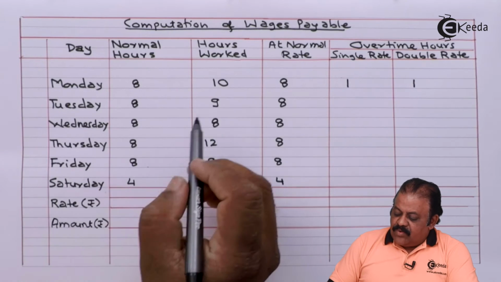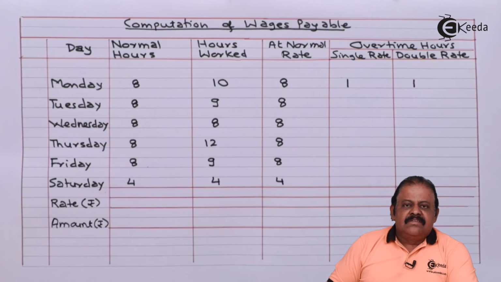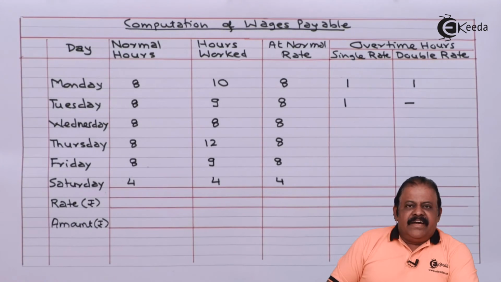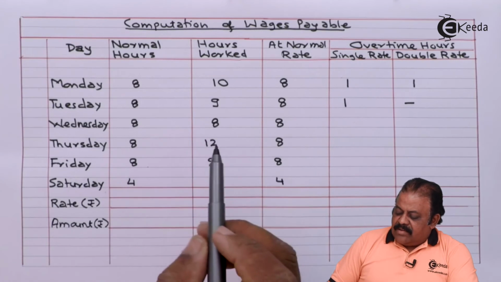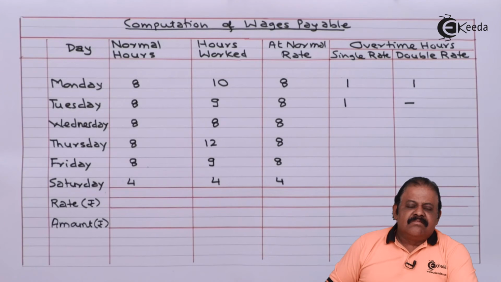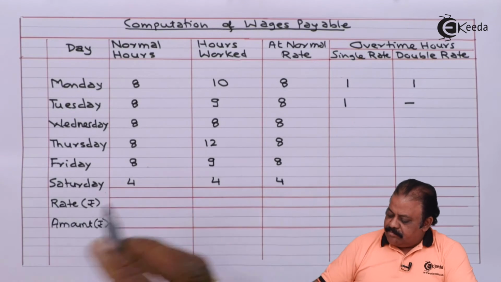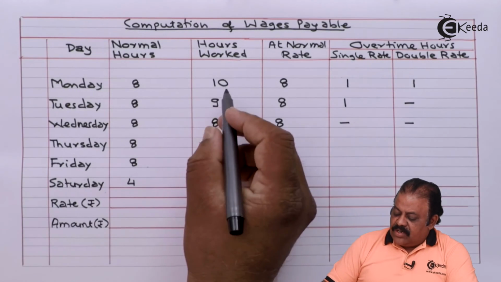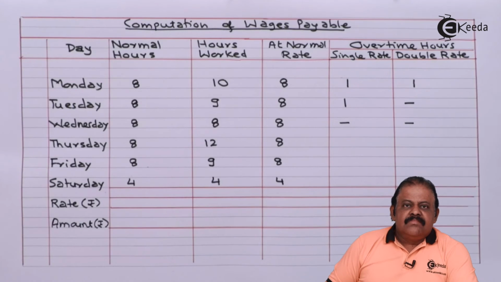Tuesday, hours worked 9 hours, normal 8 hours, so 1 hour is overtime, but it is up to the 9th hour, so the rate will be single rate. Wednesday, normal hours are 8 and actual hours are also 8. So there will not be any overtime. Thursday, total hours worked 12 hours. Normal hours are 8 hours. So for that 9th hour, which is overtime, single rate will be applicable.